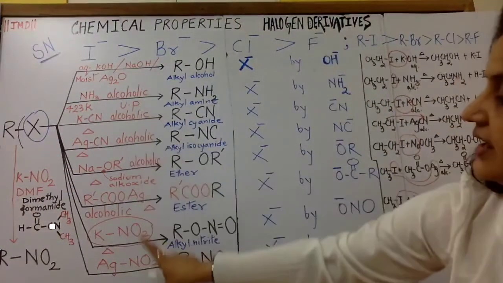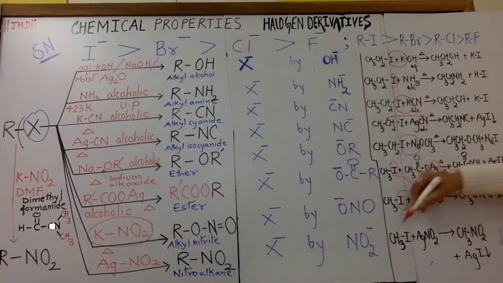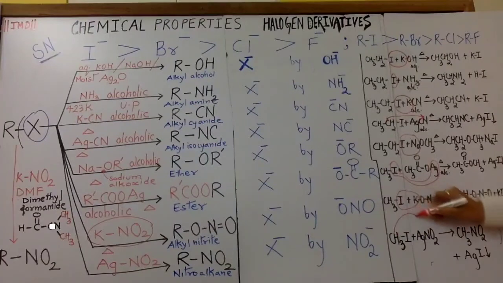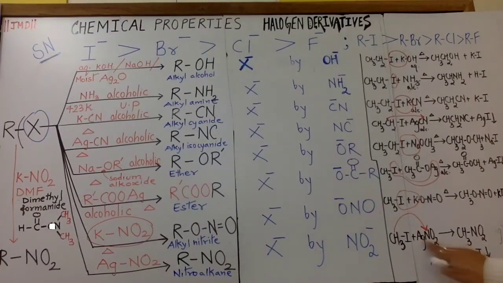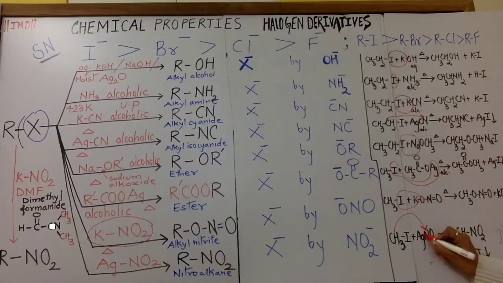And when alkyl halide is treated with silver nitrite, again this alkyl group attacks the nitrogen lone pair and you get nitroalkane. Here we are getting nitromethane. This is covalent in nature, this is ionic in nature. So this undergoes fission, but this bond does not undergo fission.